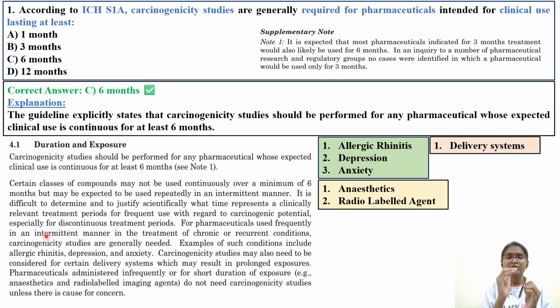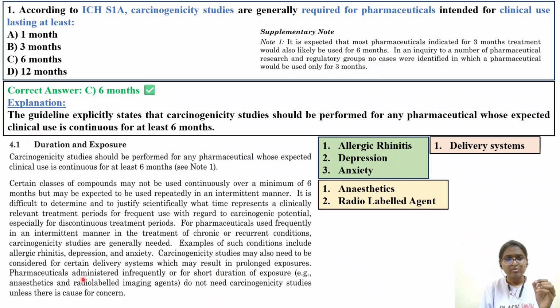The implant is inserted, for example, at the start of the year, and the drug will be released continuously, slowly, for around 6 months. Even though you are not administering the drug daily, slow release of the drug from the depot into the plasma or serum is taking place. So for such delivery system drugs also, you need to do a 2-year cancer mice and rat study.